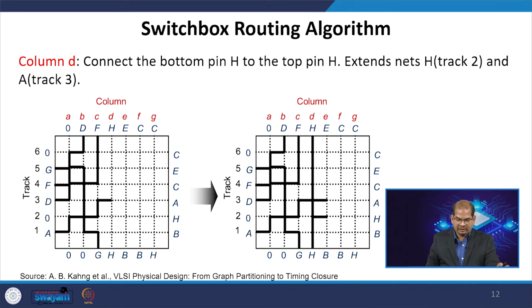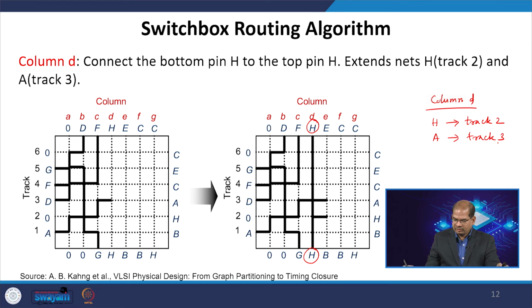Then we will go for column D. Basically, we have H on both sides. So, they will have one vertical metal in the H, which is extended, and this is column D, where H is assigned to track 2 and A is assigned track 3.